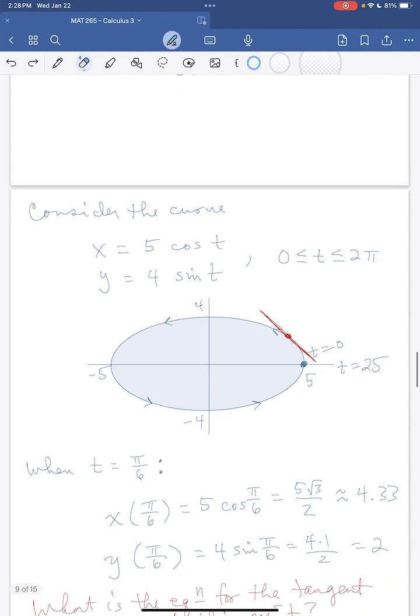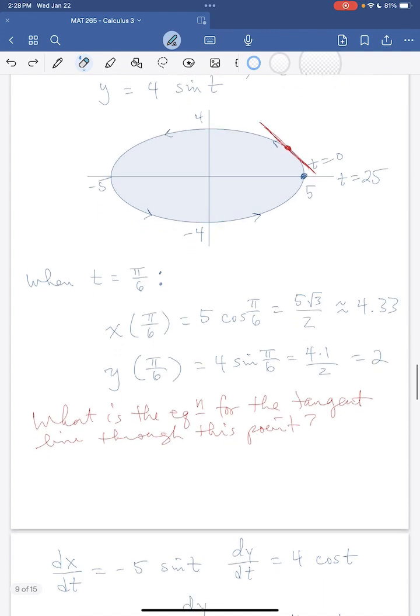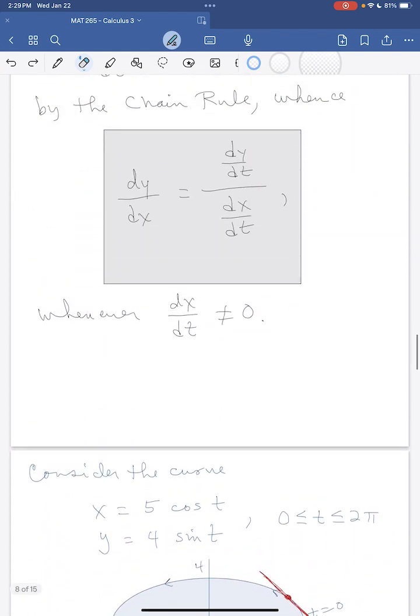So let's look at the calculation of dy/dx at this point. Remember, we're using this new formula, dy/dt divided by dx/dt.